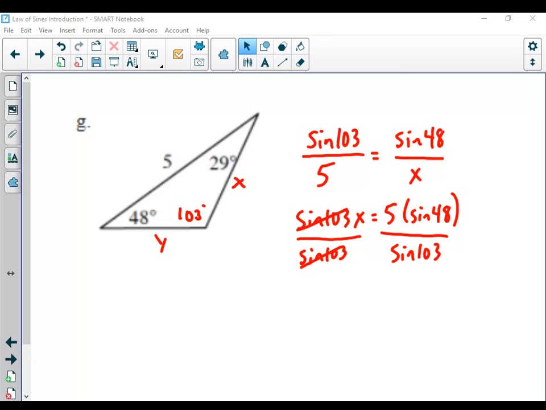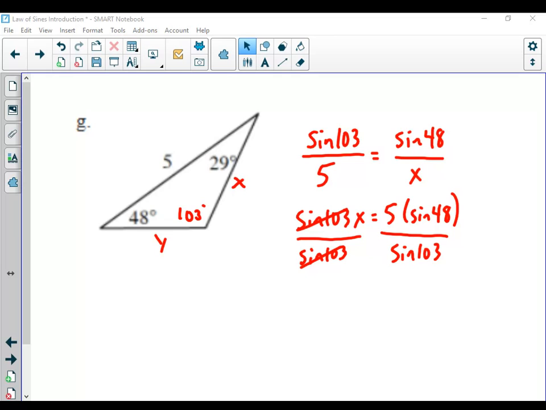The key to this is making sure that you close your parentheses at the correct time. So like if I do 5 times the sine of 48, you're gonna have to close those parentheses before you do your division. When I divide it by the sine of 103, you should have gotten 3.81.